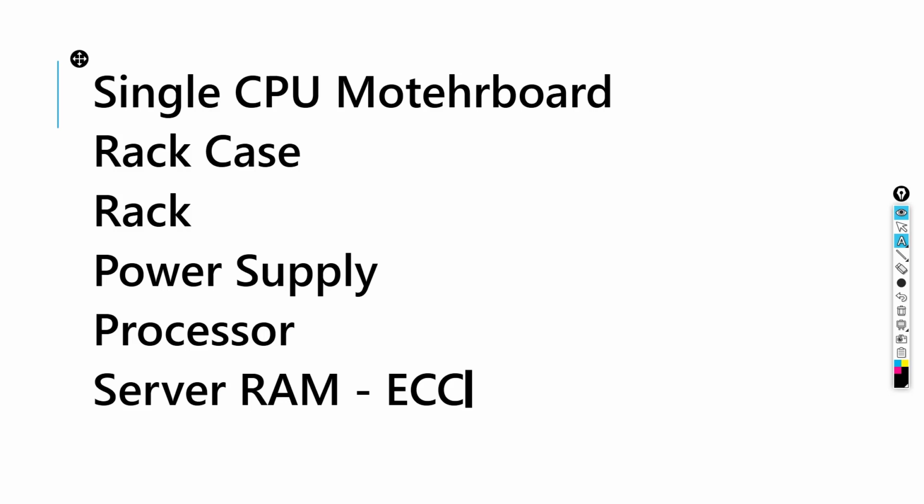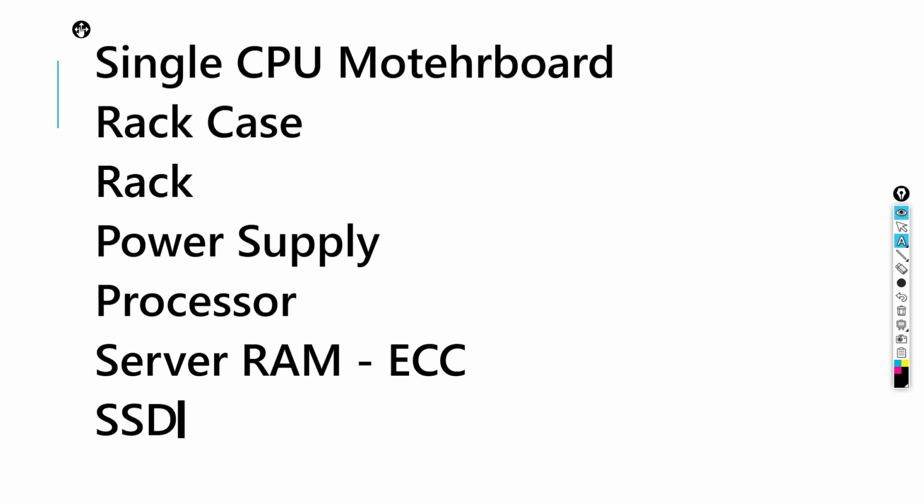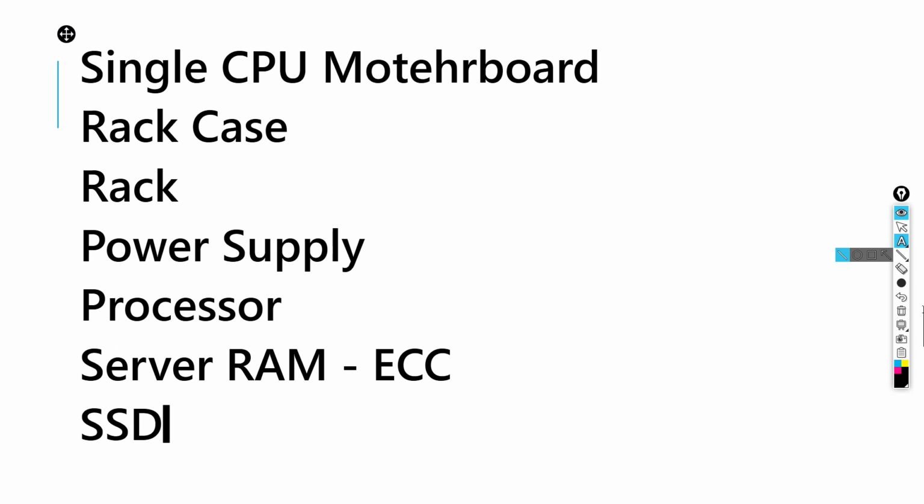This is not the same memory that we use in our machines. Next thing we need is an SSD and a few other things as well. So let us just consider this particular configuration. What all money would I be ending up paying?